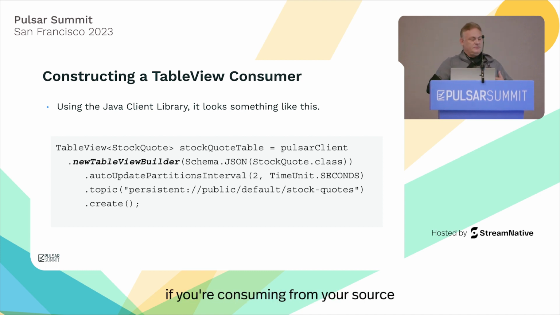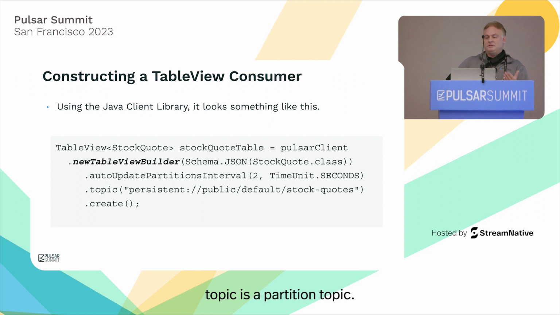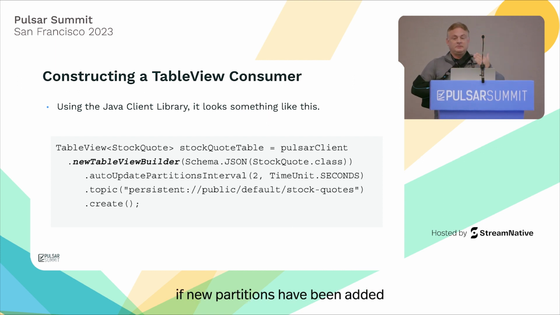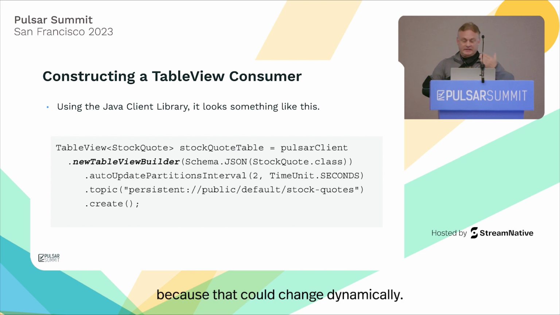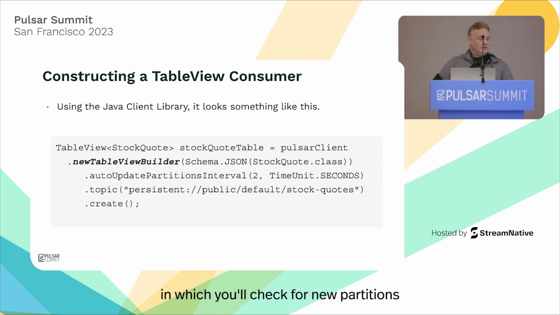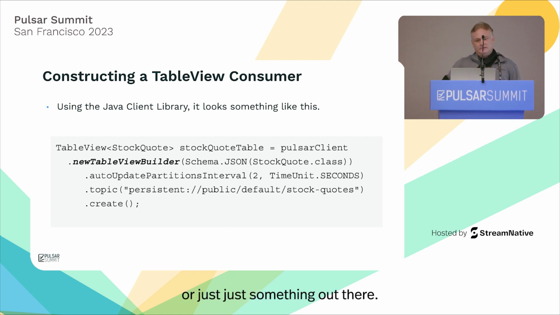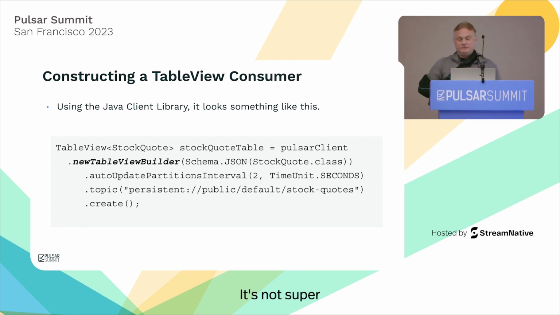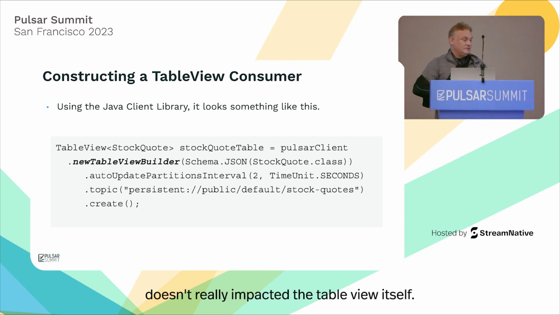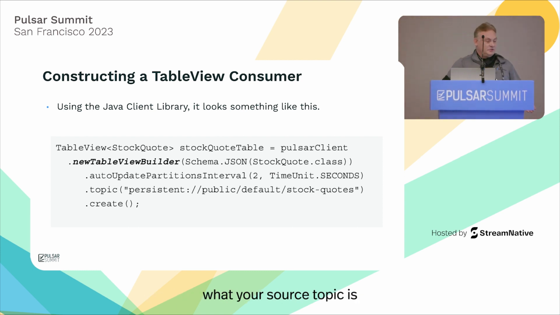That really just means if you're consuming from your source topic as a partitioned topic, how frequently you scan to determine if new partitions have been added, because that can change dynamically. Just something out there. It's not super interesting, and doesn't really impact the table view itself. And then obviously you specify what your source topic is, and then you hit create, and that's it.